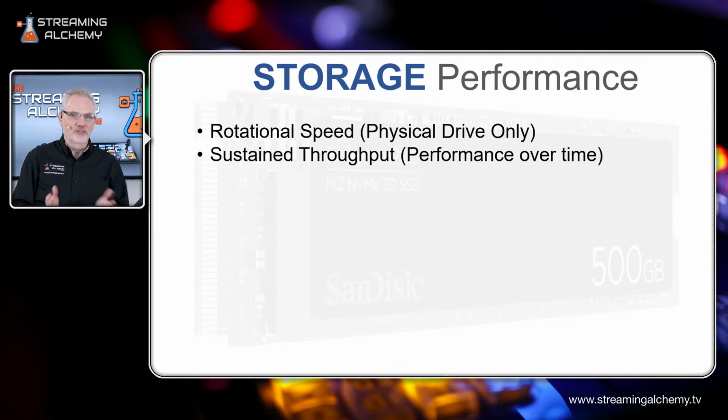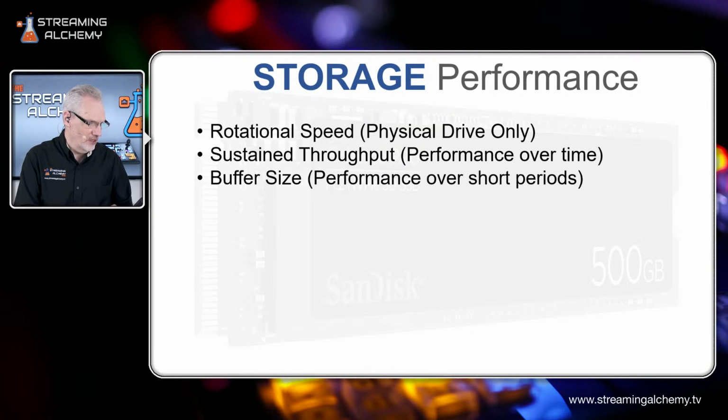The other thing is your sustained throughput, your performance over time. I'll put these two together with buffer size, which is performance over short periods of time. The difference between lower-priced SSDs and the higher-priced Pro line SSDs is really around how they deal with sustained throughput versus buffering.